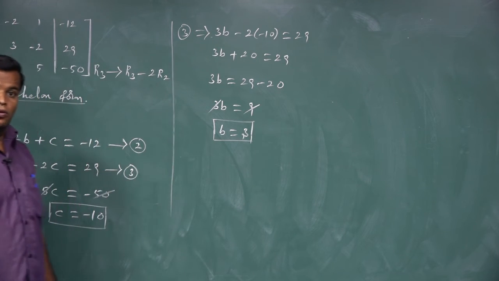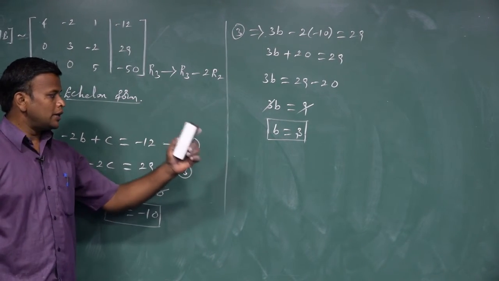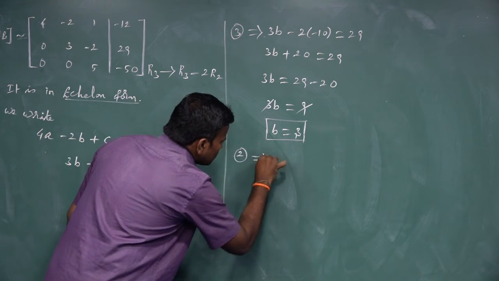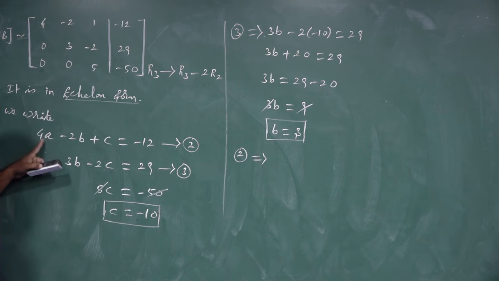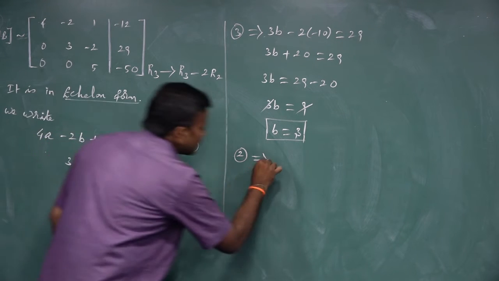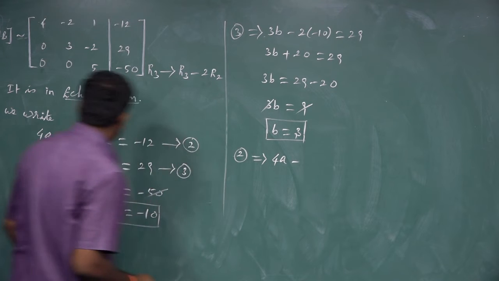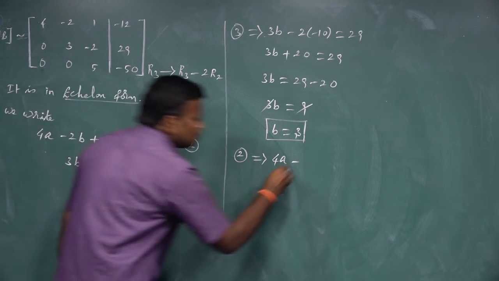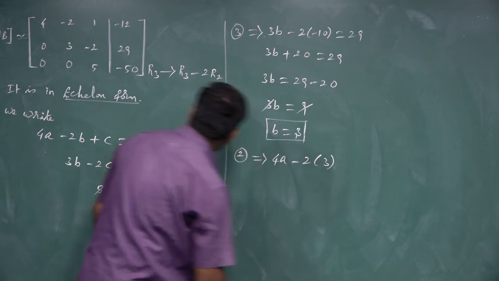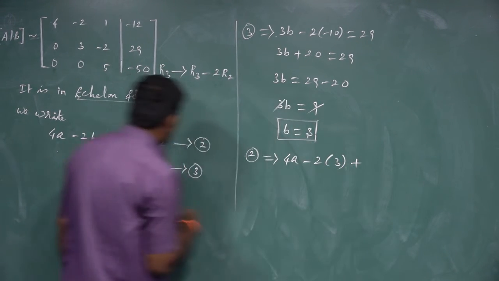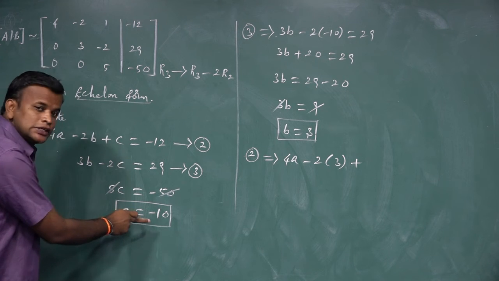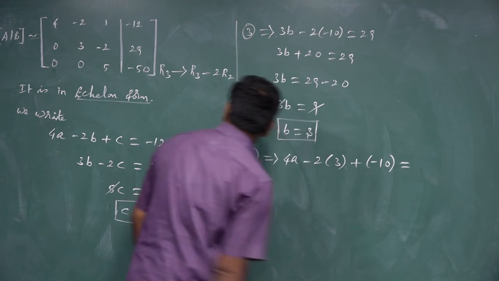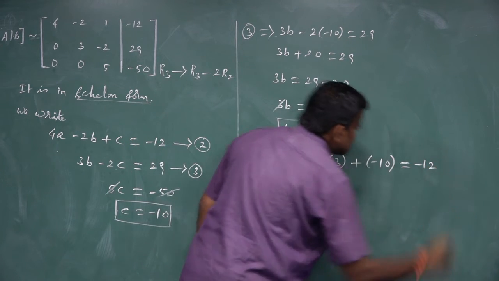Next, we use the value of c and b in equation 2. So equation 2 gives, start from 4a minus 2b. The value of b is 3, so minus 2 into 3, plus c. The value of c is minus 10. Is equal to RHS, which is minus 12.